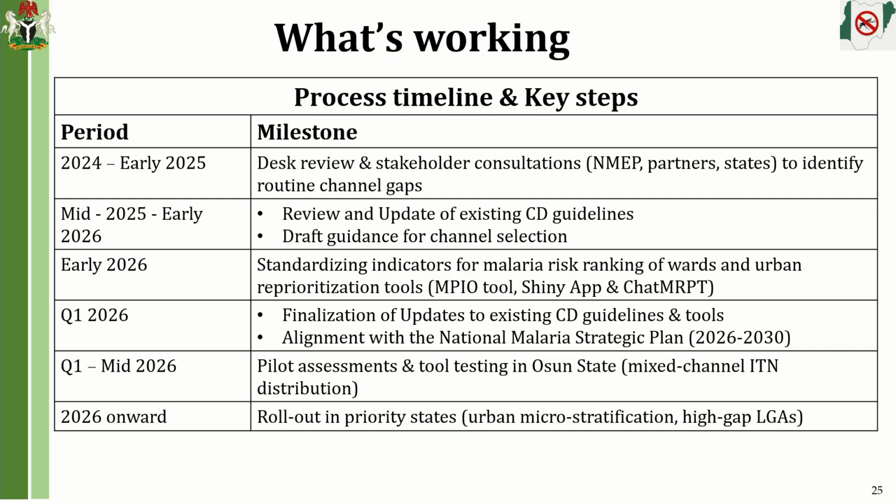The guideline itself was reviewed, a draft was developed, and then indicators were standardized using the tools I've mentioned earlier. And currently we aligned it to the National Strategic Plan. The next step now is to pilot, like I mentioned earlier, in Osun State, and get experience and lessons learned and do it better in the subsequent states. Next slide.